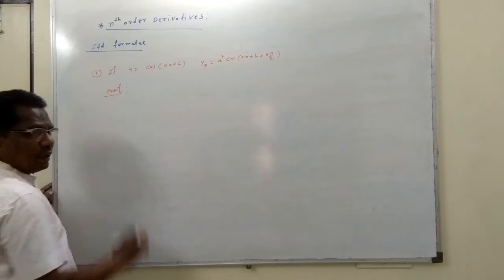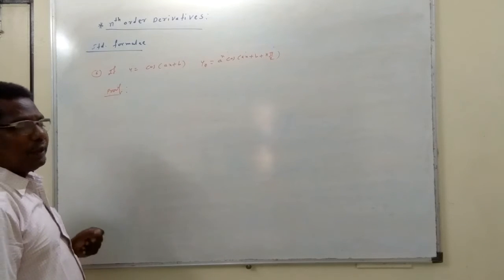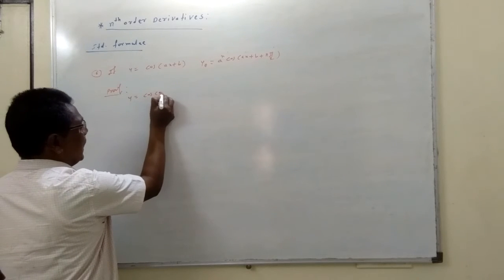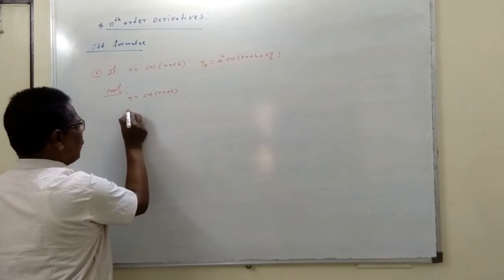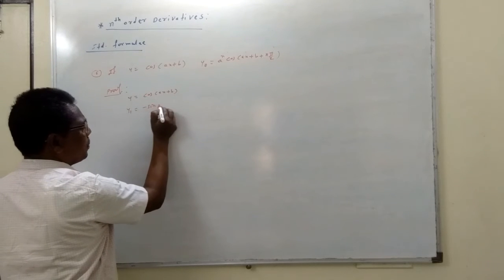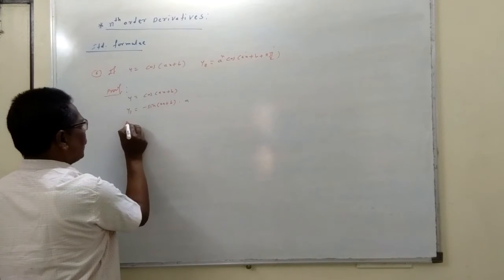In the standard board syllabus, when we are solving the paper, you follow this method. So y is equal to cos(ax + b). y1 is equal to the first derivative: the derivative of cos is minus sine, so minus sin(ax + b) into the derivative of (ax + b), which is a.